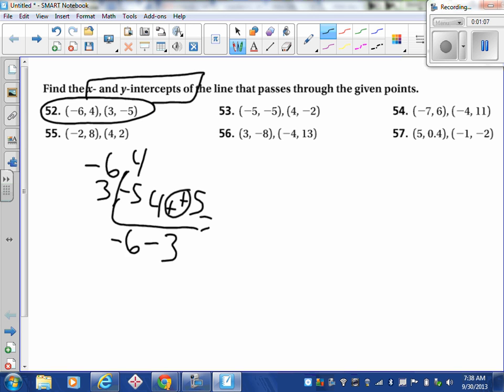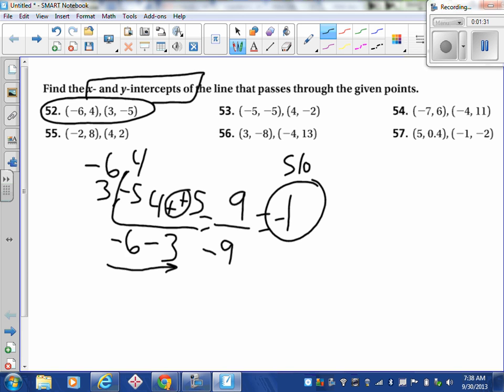Then I have 4 plus 5, which is 9. -6 minus 3, that gives me -9. 9 divided by -9 is -1. So this is my slope.